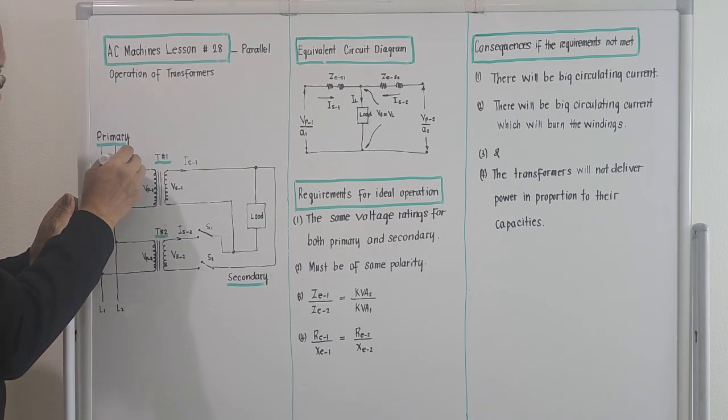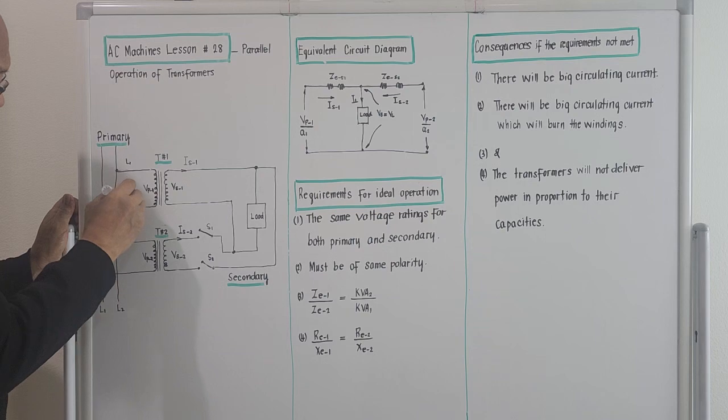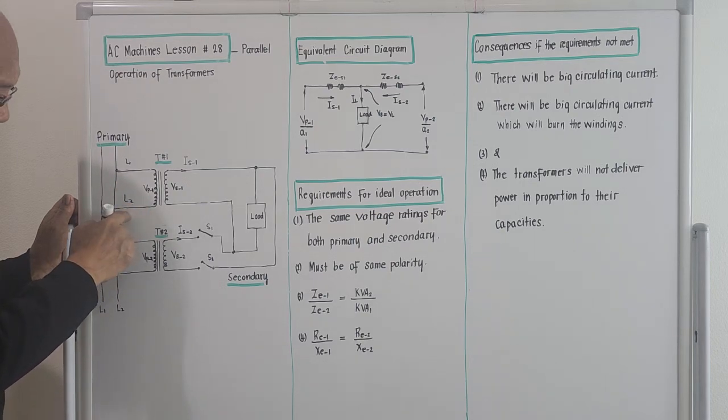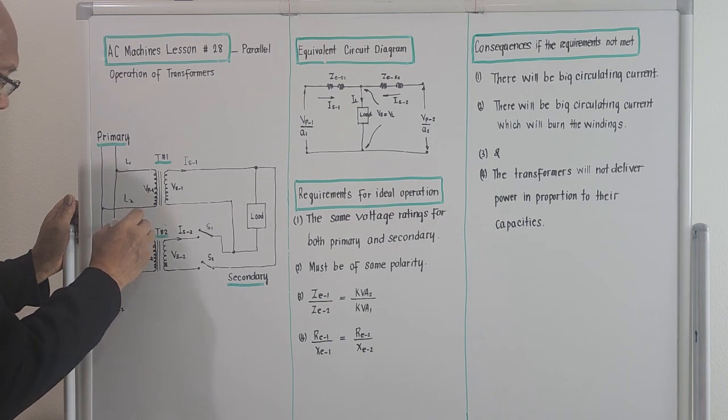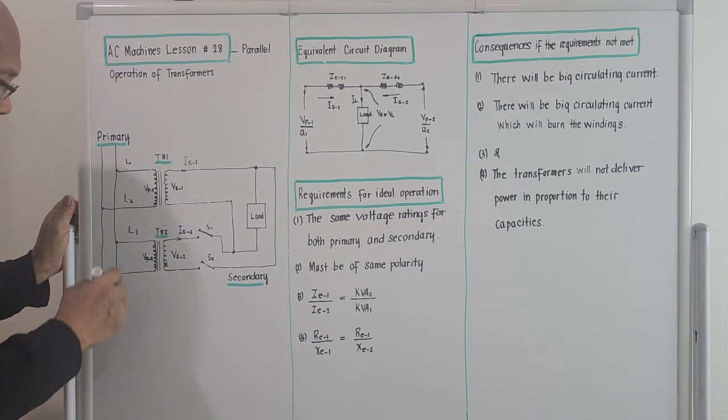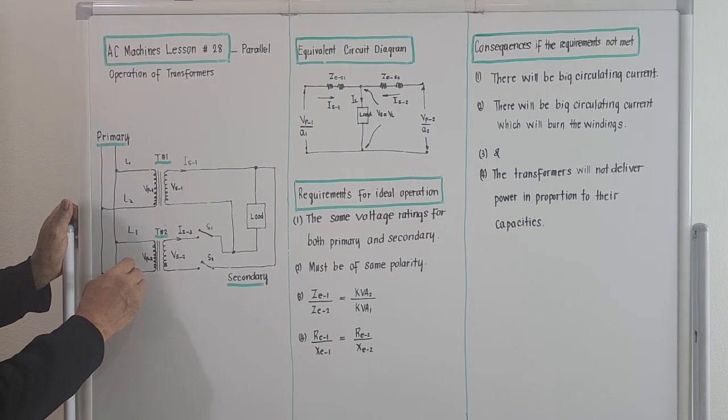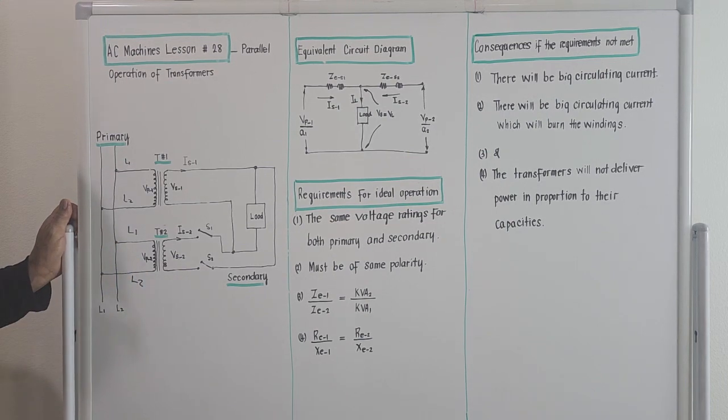This should be line number 1 for transformer number 1, and this is line number 2, still for transformer number 1, line number 1 for transformer number 2, and this is line number 2 for transformer number 2.